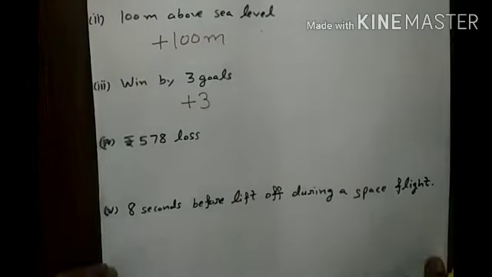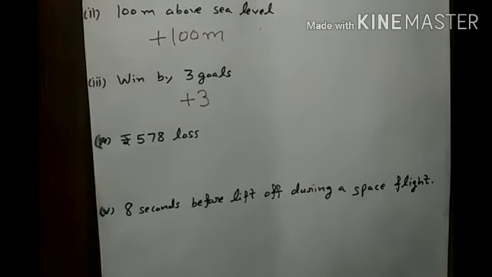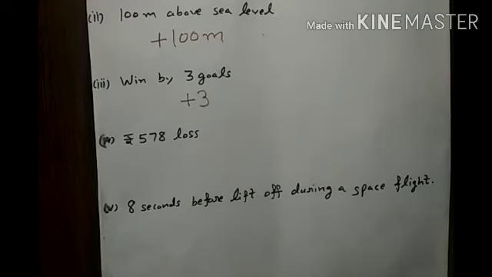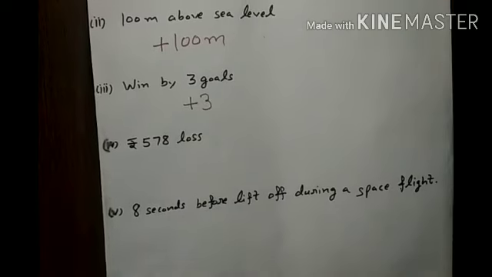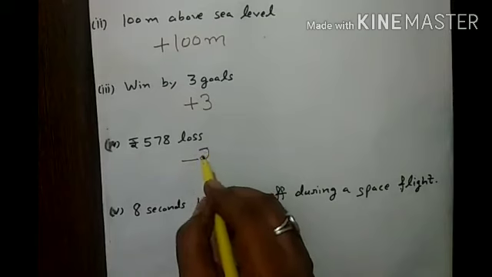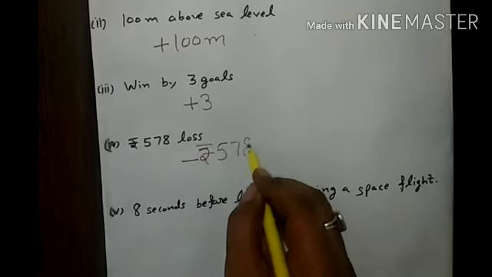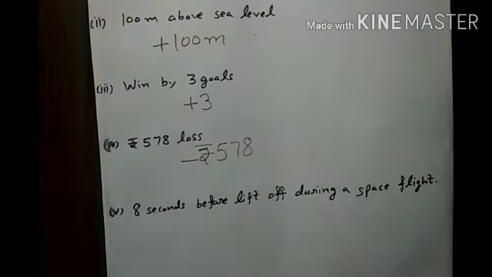Now, rupees 578 loss. Take now loss. So in the loss position we will have to suffer some type of subtraction. So we will write minus rupees 578.